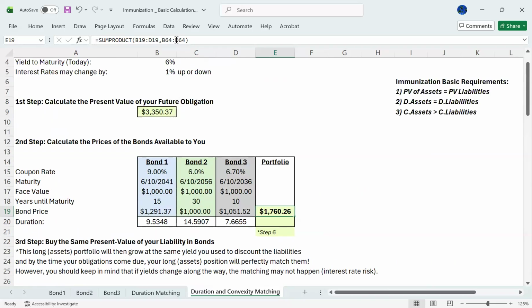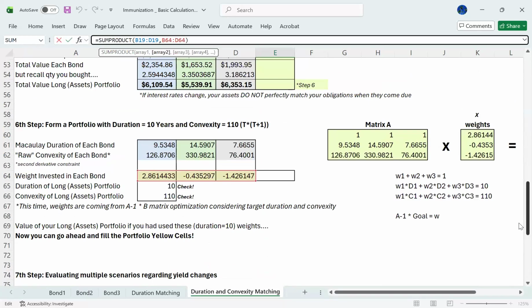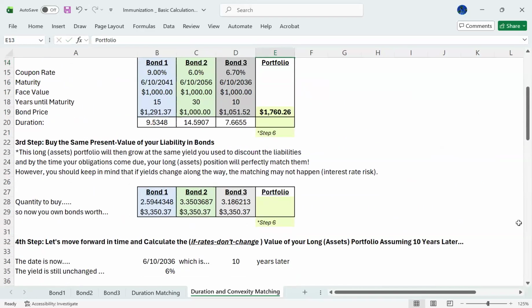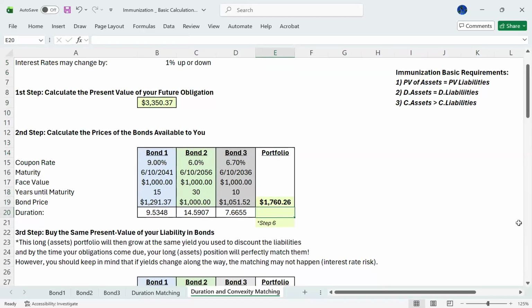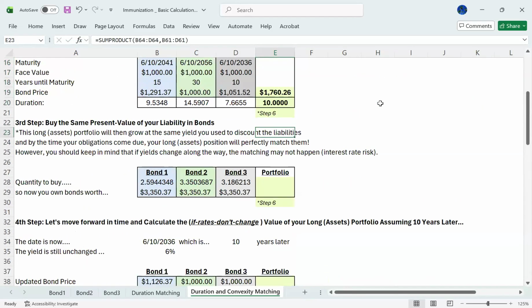Now, what about the duration? I can sumproduct these weights, comma, this duration. And there we go. My duration is 10.